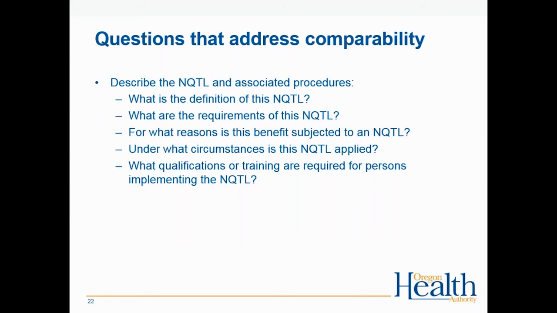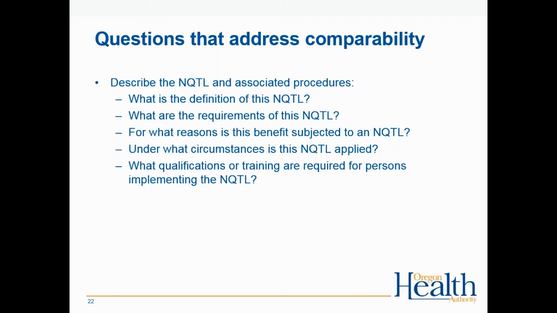So the next two slides contain a list of questions that CMS has shared that can help determine whether or not an existing NQTL placed on a mental health SUD benefit can be considered comparable to those placed on the med-surg benefit in a particular classification. There are a couple of things to keep in mind. The first is that these questions ask about specific details in regards to a single NQTL type.